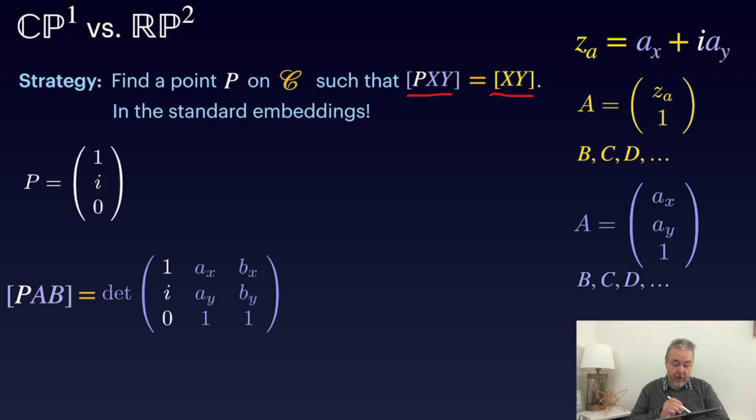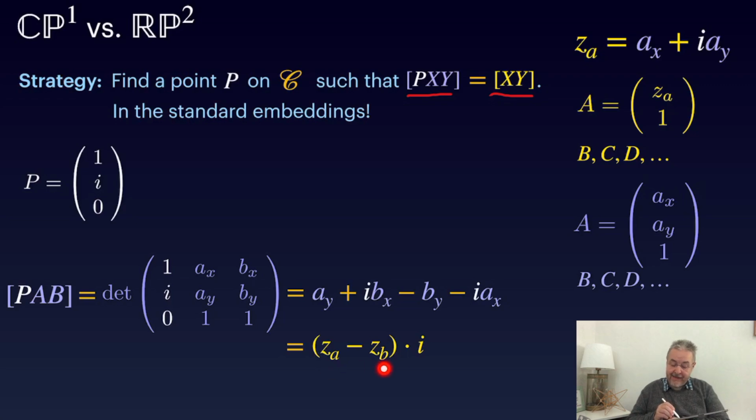We have our point P, which is given by those coordinates here. We have A taken in standard embedding and B taken in standard embedding, and if we expand that term we get this expression. And if you sort and shuffle these letters a little bit, what you get is nothing else than ZA minus ZB times the number I.